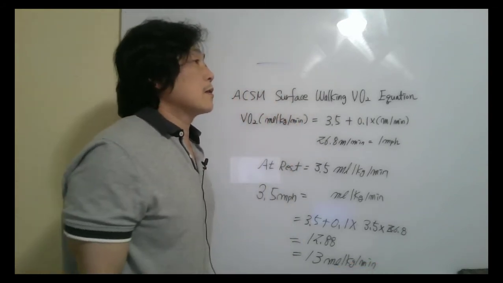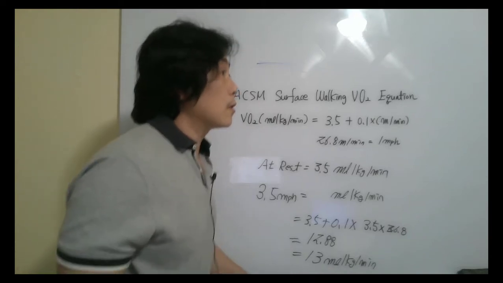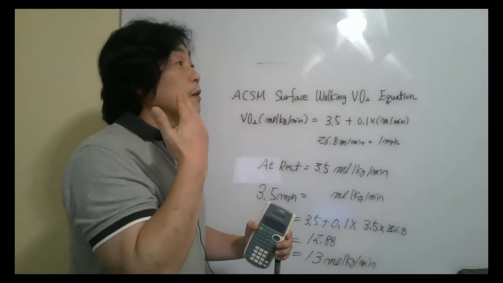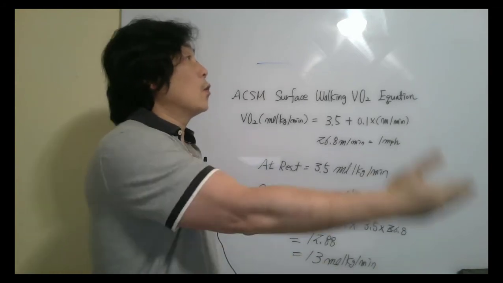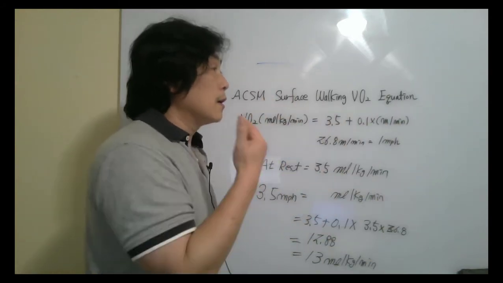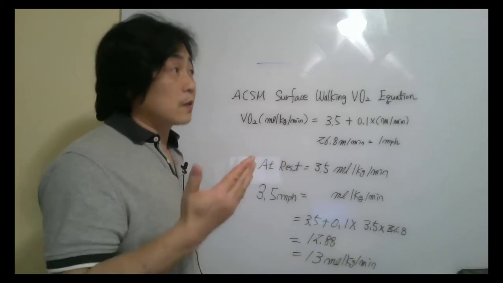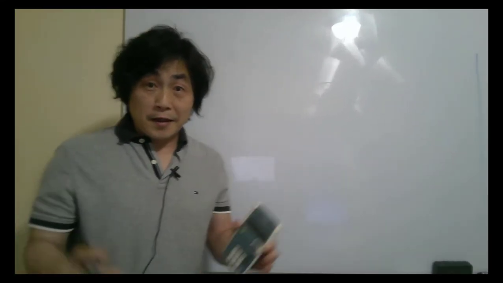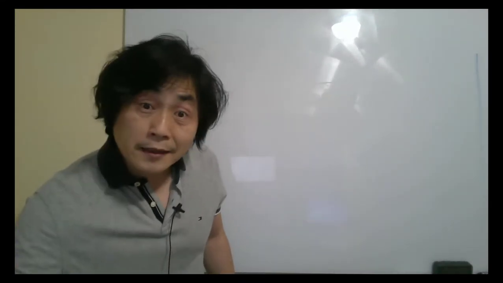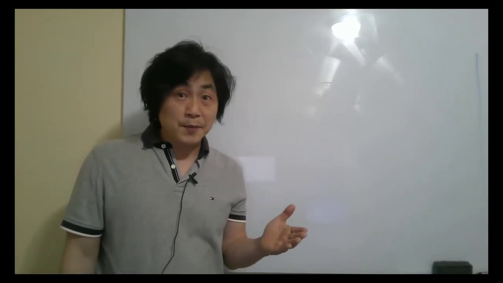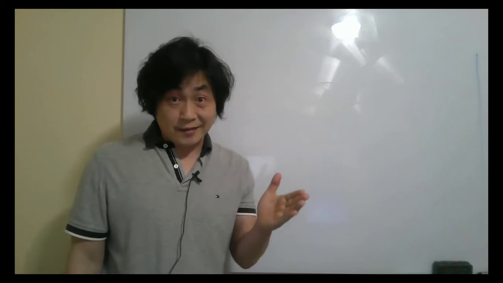If you just stop, at rest you need only 3.5 milliliters per kilogram per minute. But if you walk at 3.5 miles per hour, you need 13 milliliters per kilogram per minute.